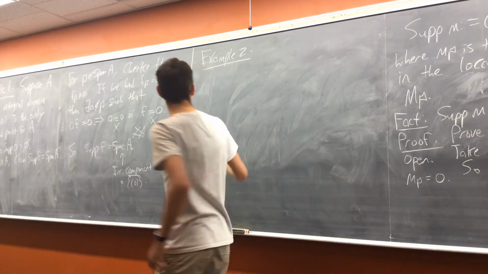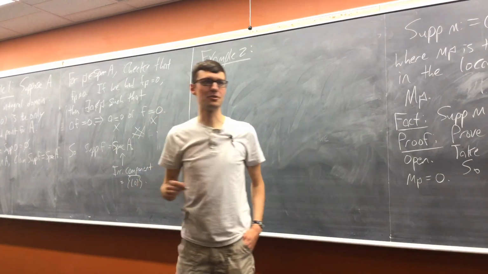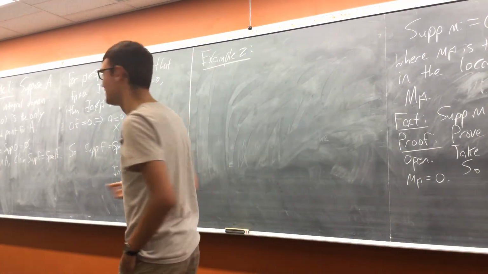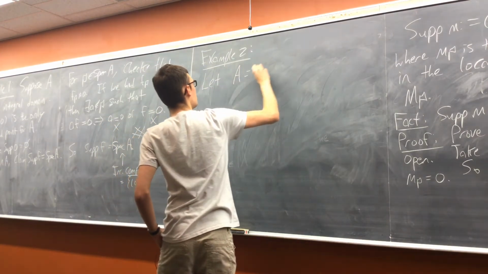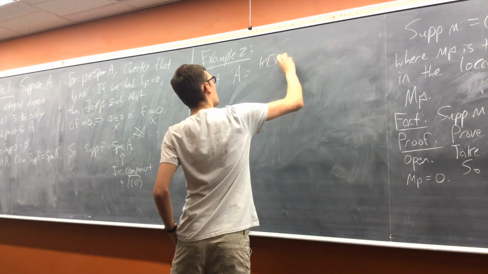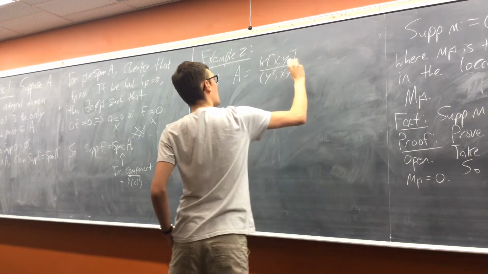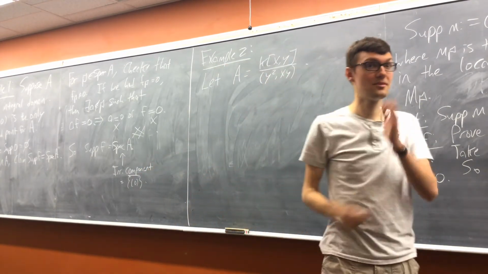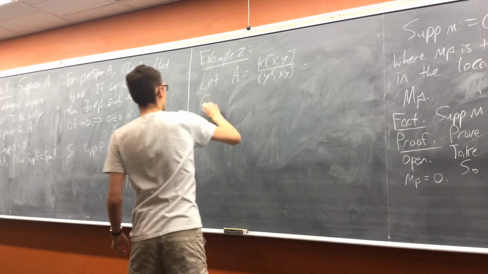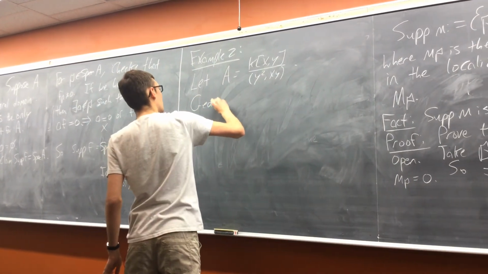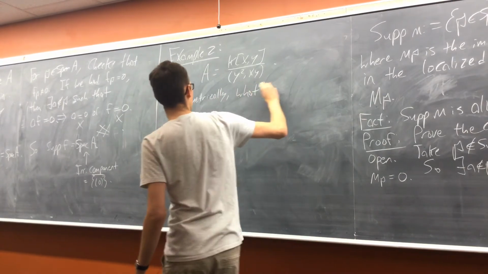Okay. So I can't give you an integral domain, of course. We're going to have to look at something a little different. So let A be this ring. Geometrically, what is this thing? I should say, what is Spec of this thing?